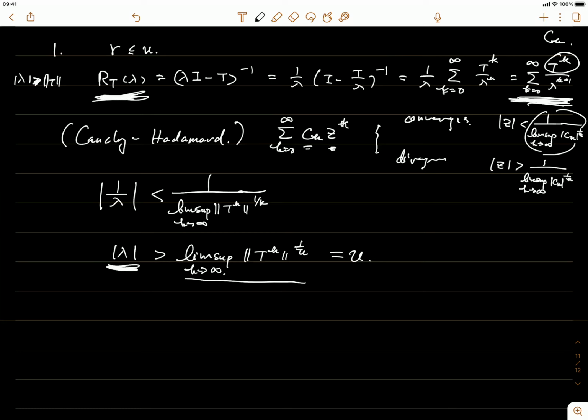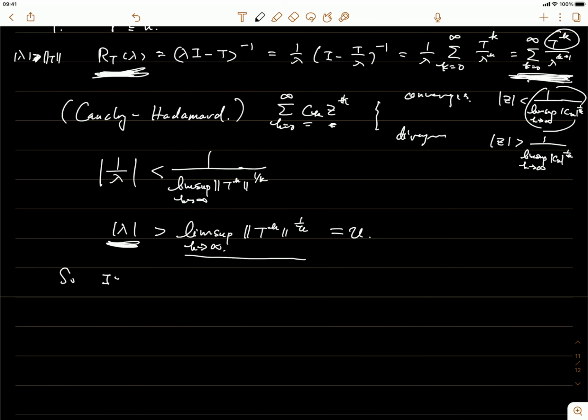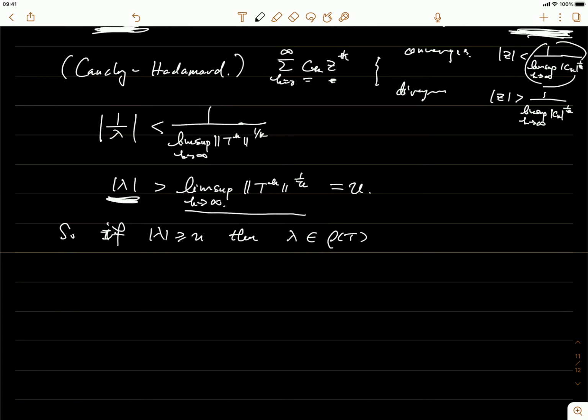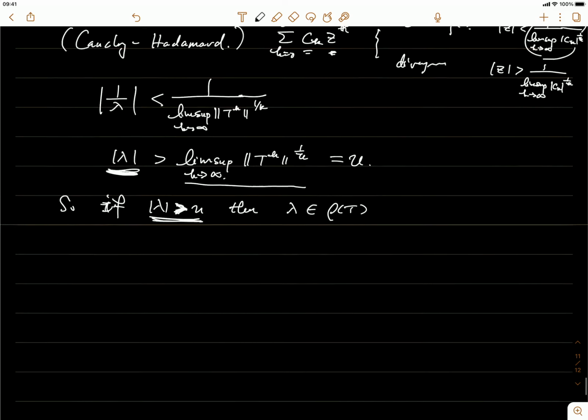So if lambda is greater than u, then lambda must be in the resolvent set, and that means it cannot be in the spectrum. So if you are looking for the spectrum, it has to be something inside.